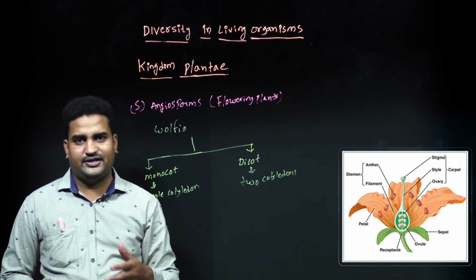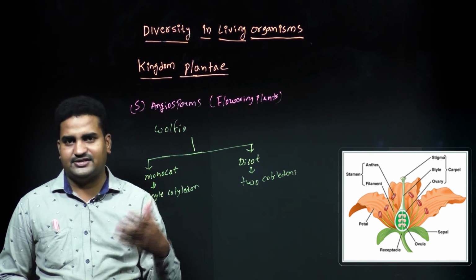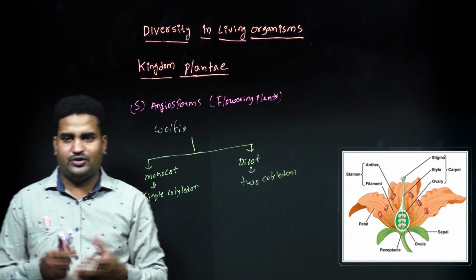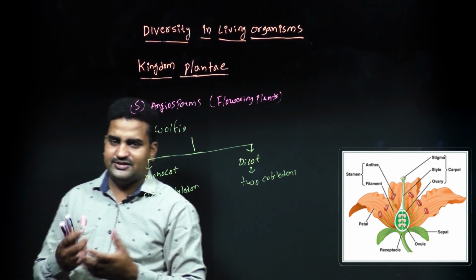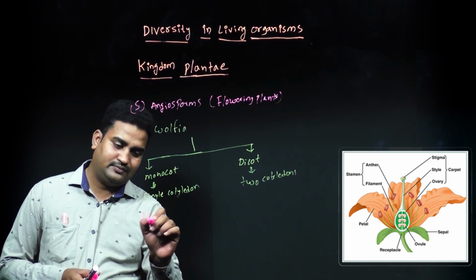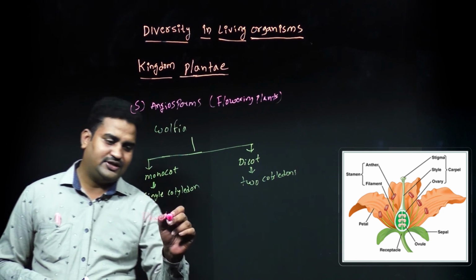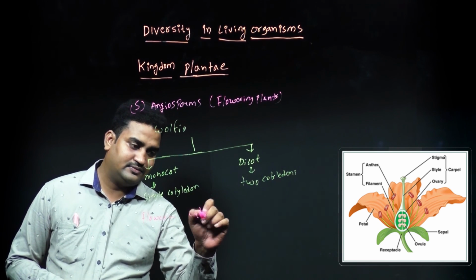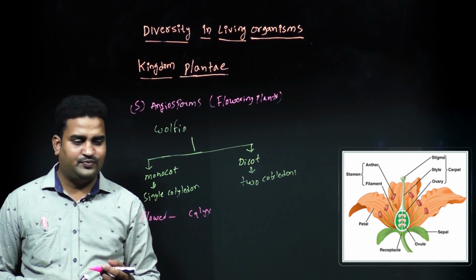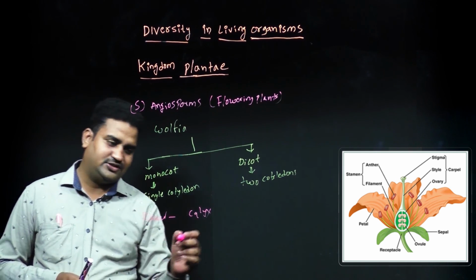So there are many other differences also. We can discuss them in the following sessions. They reproduce through a specialized structure called flower. So this flower bears floral parts. Generally calyx, which is the outermost part, protects the flower in the bud stage.